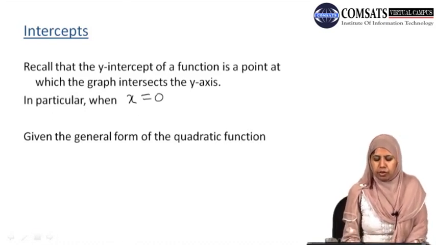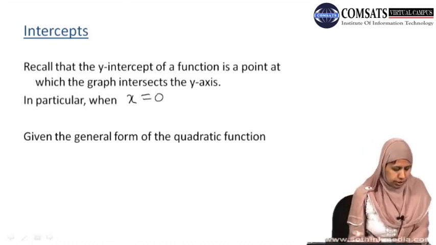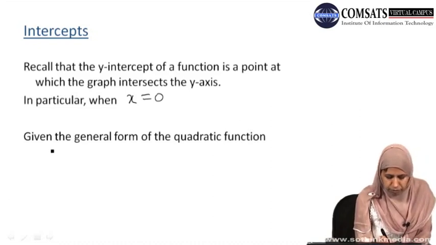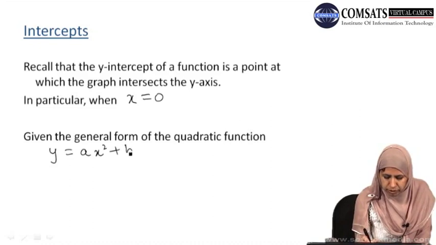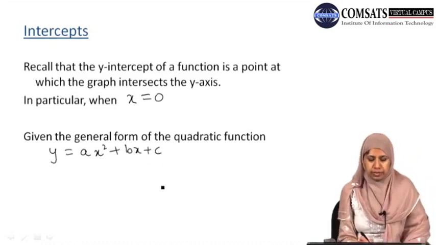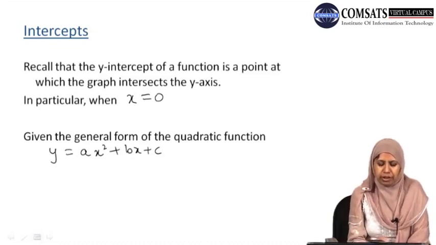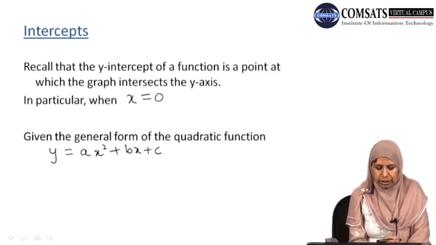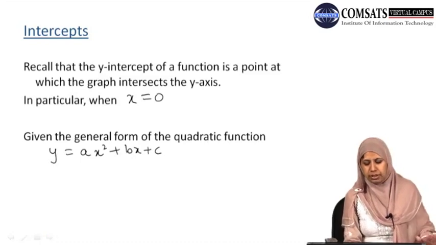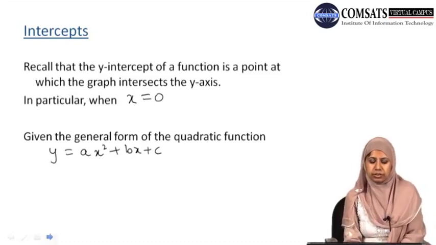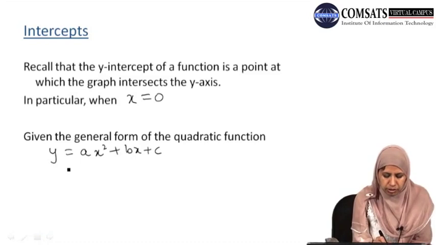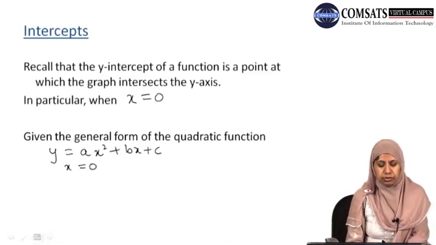If we are given the general form of the quadratic function, y is equals to ax square plus bx plus c, then what will be the y-intercept of this quadratic function? That is the point at which this equation intersects the y-axis, or in particular when x is equals to 0.